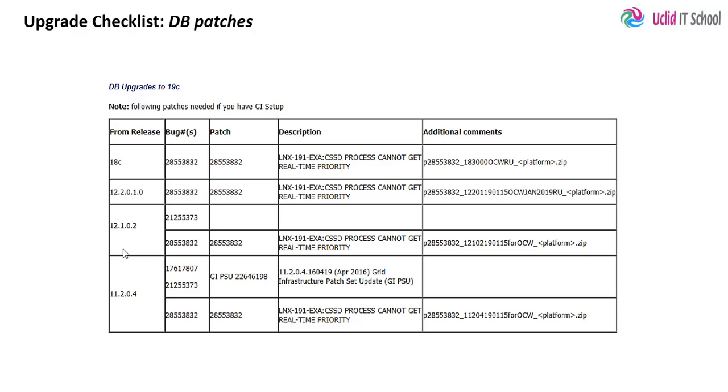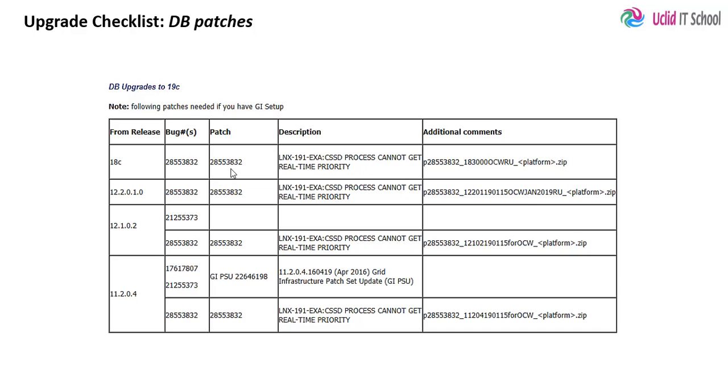So our current release is 18c, and ultimately we will be upgrading to 19c. So before we upgrade, we need to apply this mandatory patch. So let us go ahead and apply this patch now to Grid Home and Database Home. Later we will create our database and then continue with our upgrade.